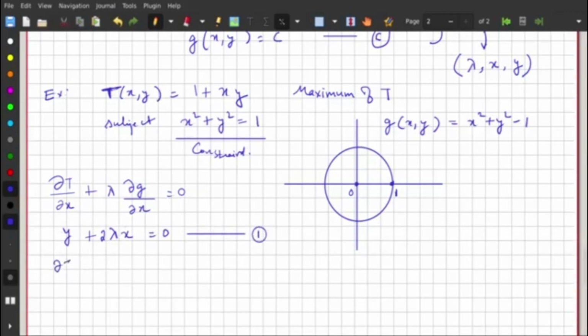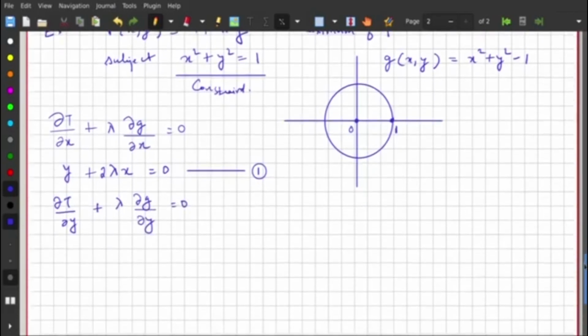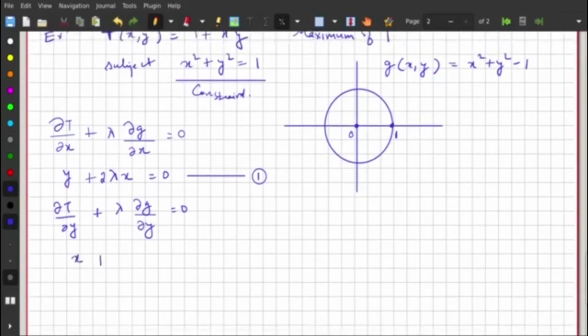And similarly we will have partial t partial y plus lambda partial g partial y equals 0. Partial t partial y becomes x plus lambda, and partial g partial y is 2y, so this will become 2 times y equals 0. That's equation number 2. And remember we have the constraint equation itself, which is x square plus y square equals 1. So that's equation number 3.